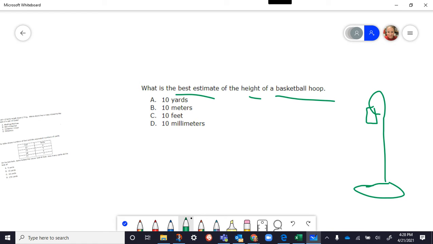So 10 yards. I know 3 feet is equal to 1 yard. And so if I had 10 yards, I'm thinking that would be way too big. So not yards. Meters are very similar.